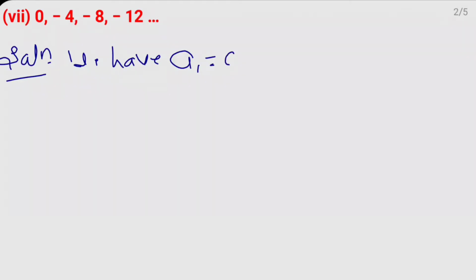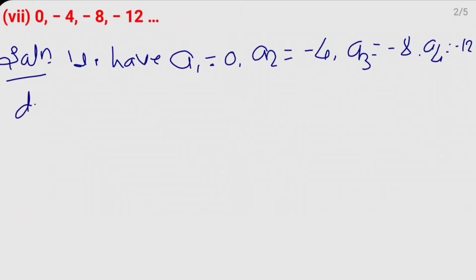Well students, look at the next problem: 0, minus 4, minus 8, minus 12, and so on. So let me solve here. We have A1, the first term, is 0, A2, the second term, is minus 4, A3 is minus 8, A4 is minus 12.